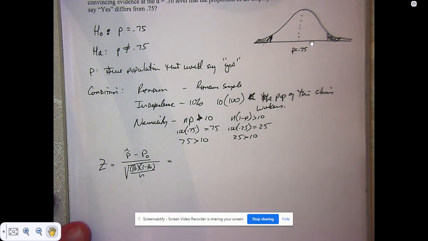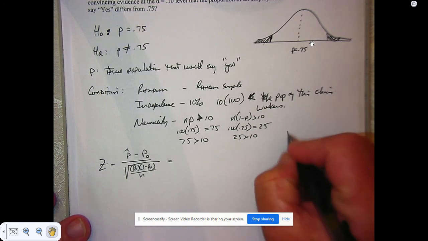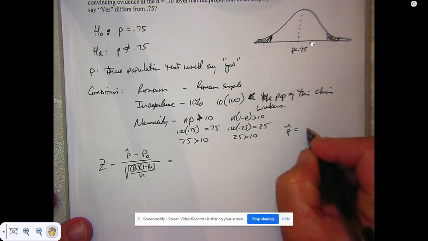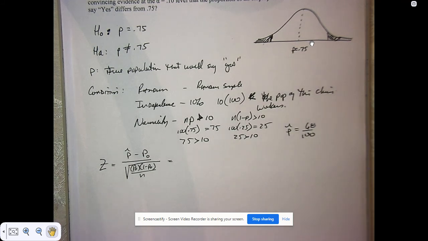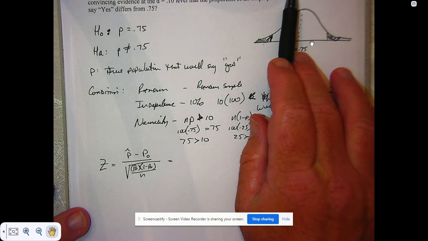So here we are. Oh, I never did p hat. That's silly. P hat, of course, is going to be 68 out of 100. It says clearly 68 out of the 100.